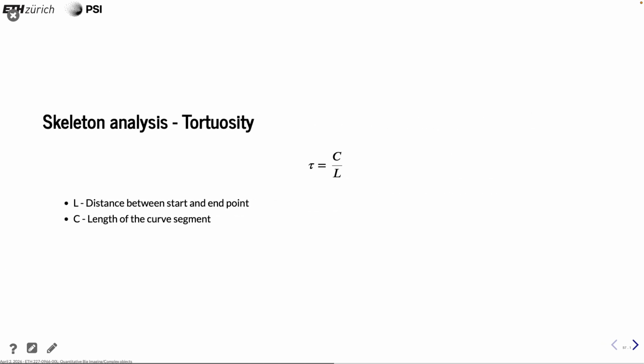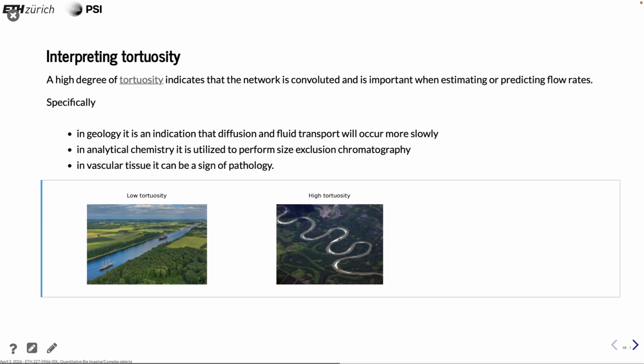So now that you have got this, we can start doing measurements on the skeleton. We have one quantity called tortuosity, which is the ratio between the curve length, however that would be, and the straight Euclidean distance between the two endpoints of that segment.